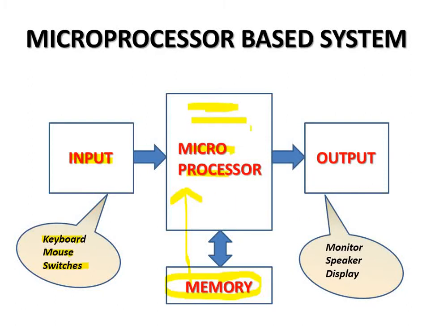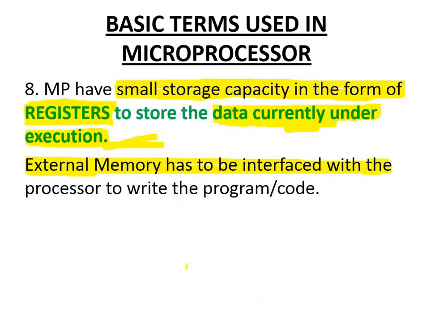Then when input data comes, the code is applied on the input data and we get the output through output devices. There are many types of output devices like speaker, display, LED display. This is the external memory we are discussing.